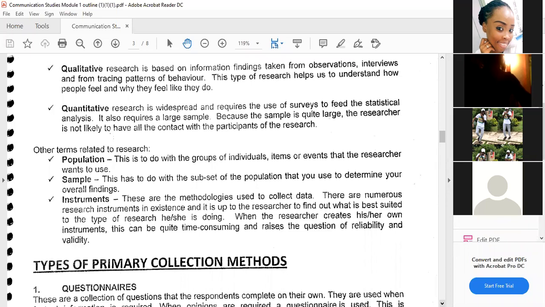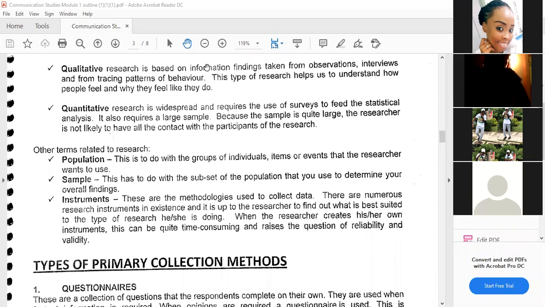So the instrument refers to the methodologies used to collect data, right? It says that there are numerous research instruments in existence, and it is up to the researcher to find out what is the best type for the research he or she is doing.